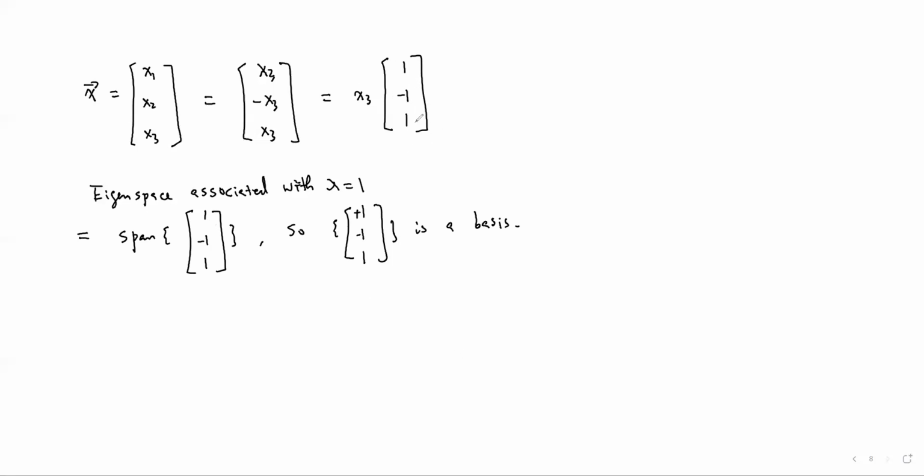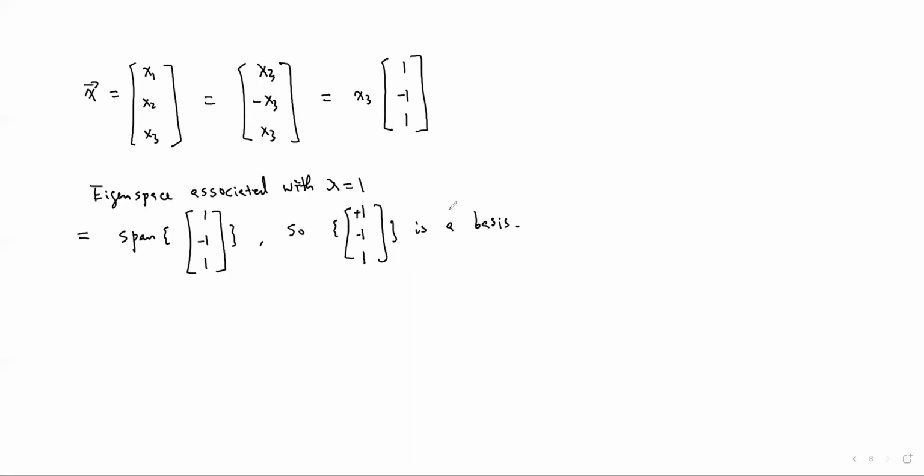But anyway, we have 1 eigenvector, and all other eigenvectors depend on this eigenvector, a scalar times this vector. Now we have 1 independent eigenvector.